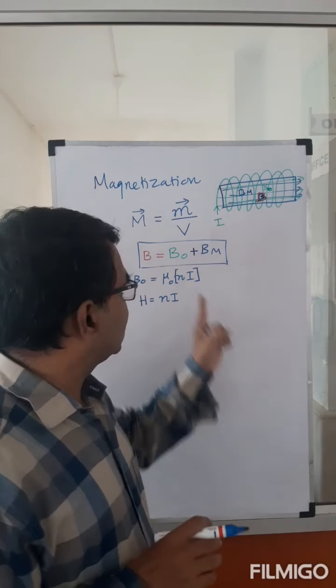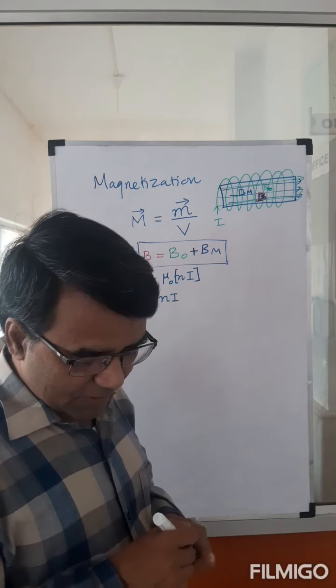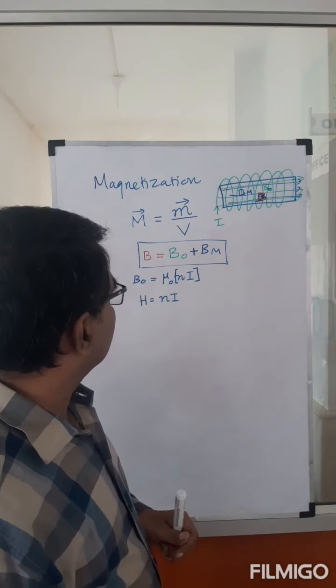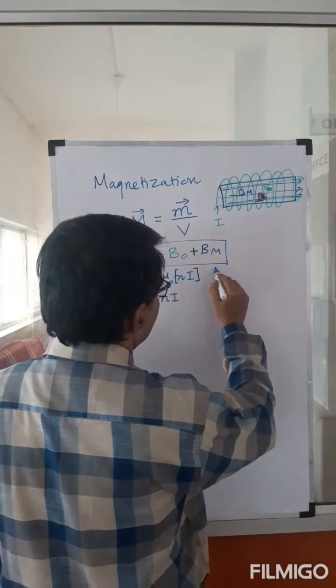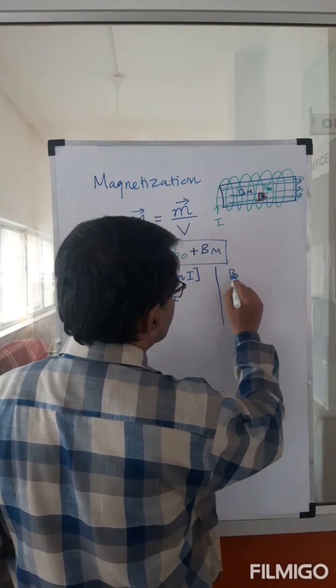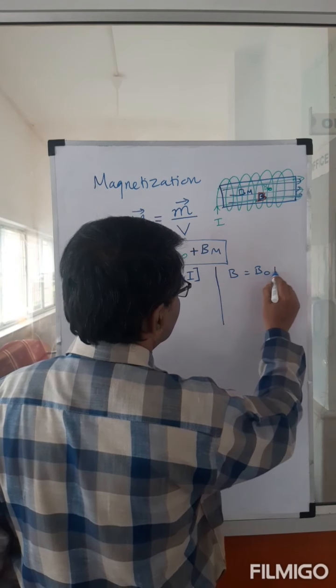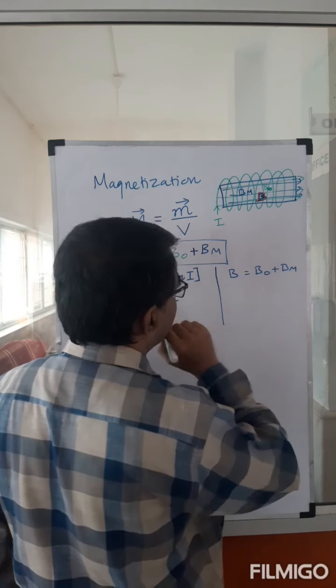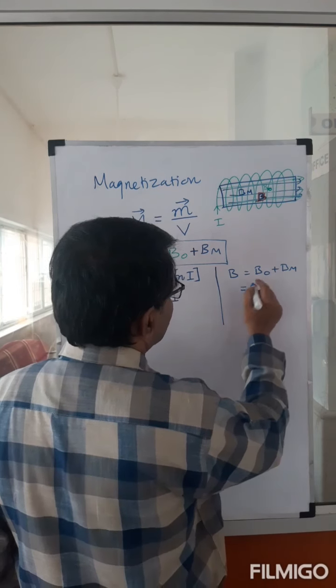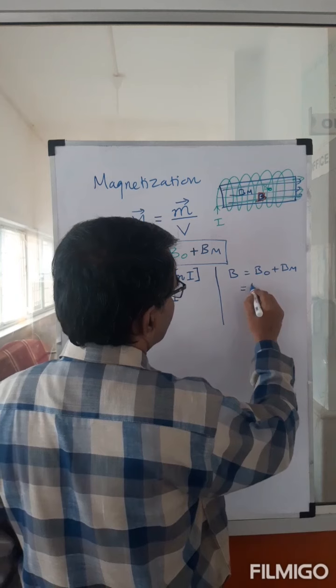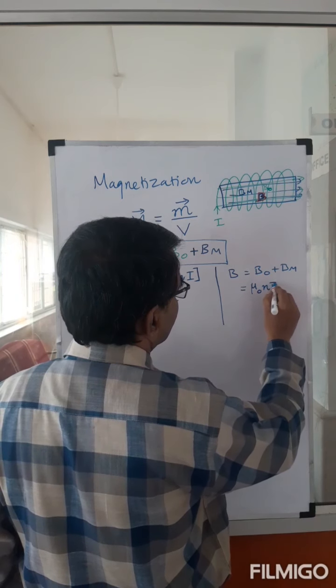B is equal to B naught plus Bm. Let me write this one. So now B is equal to B naught plus Bm. Let's see, what is B naught? B naught is mu naught n I.